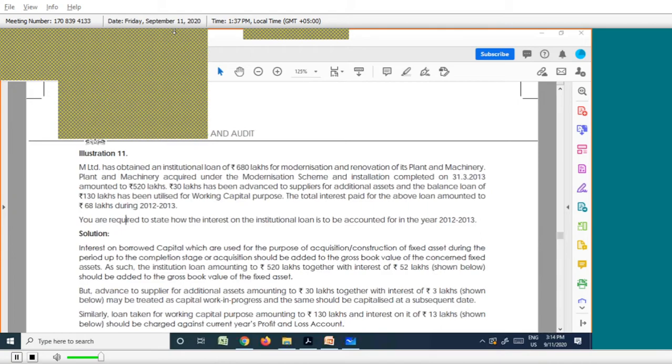If I do renovation, if I put some whitewash, for example, putting some paint or coloring on my plant and machinery, something like that, just changing the paint color for my plant and machinery, whether that is modernization or renovation.